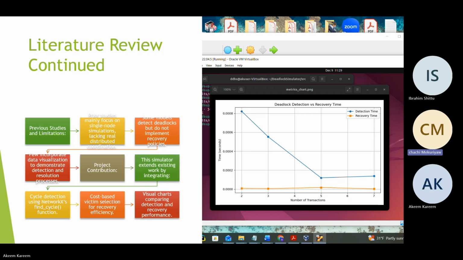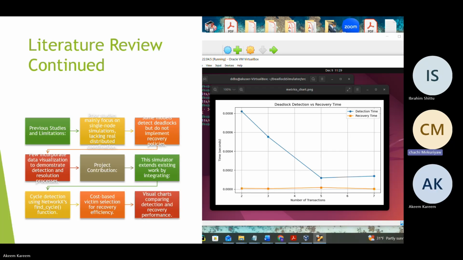Now let's look at what previous studies have contributed and where the gaps are. Prior researchers largely focus on single node simulation. Some models are able to detect deadlocks but stop short of implementing actual recovery strategies. Another limitation is that very few studies include data visualization.